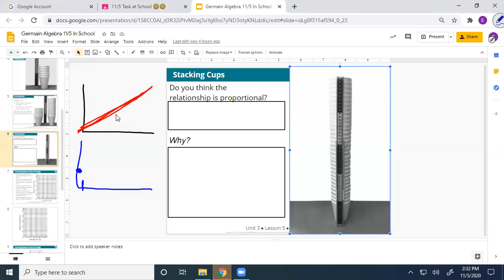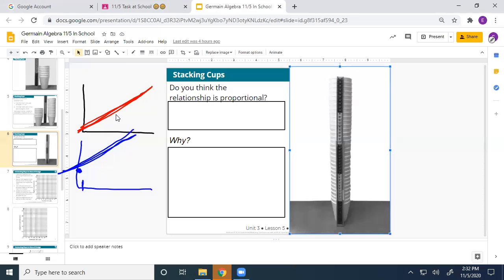No, it's not, because when we take our line and we extend it out, it's not gonna hit our axis at 0, 0. It's gonna hit our vertical or y-axis at a point other than 0. If we remember, proportional means it starts at 0, 0. If it's non-proportional, it crosses our y-axis somewhere other than the origin. Okay? So that's what proportional means.